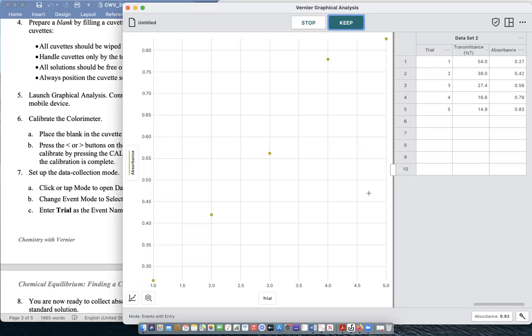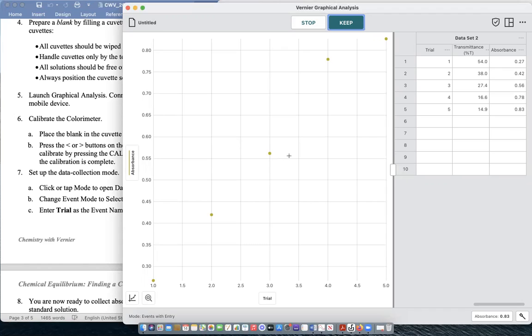So we now have data that you could use for your analysis of your individual substances and go from there. Since we are trying to look at what the concentration is based on just the absorbance, we're going to compare the one where we know the standard that has used up all of the FeSCN.